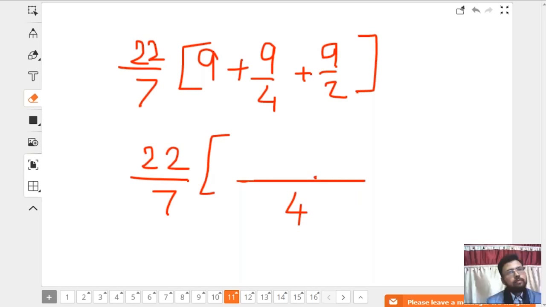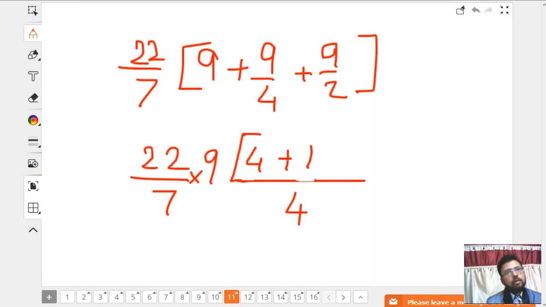So 9 into 4 plus 1 plus 2. This part inside the bracket, 4 plus 1 plus 2, is 7. So we can cancel this.